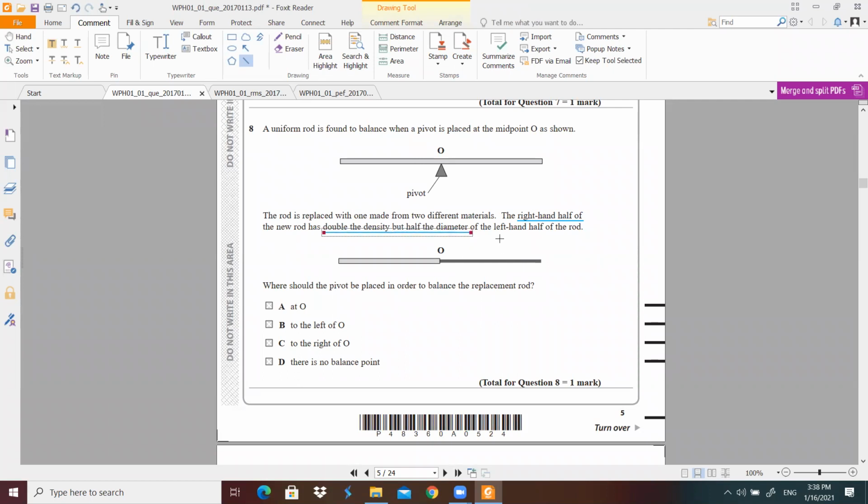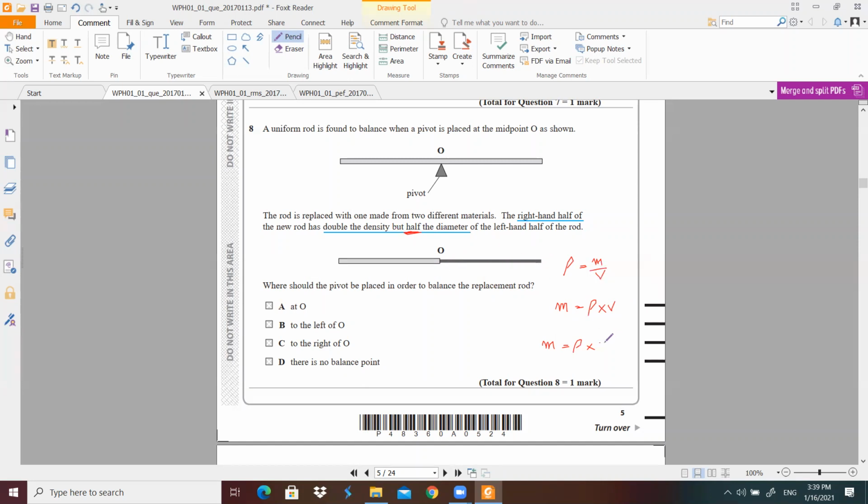Okay, now we have to find out what happens to the mass. If you start from the density part, density is equal to mass by volume. So mass would be density times volume. But the volume is not directly given. Volume is given in terms of diameter. So when you have half the diameter, let's see what happens. Mass equals density times volume. Look at the shape of the rod. It's a cylinder. What is the equation for the volume of a cylinder?